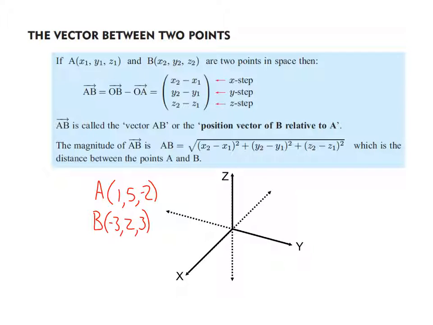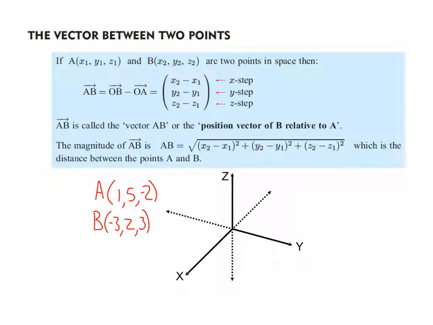Alright, so the other thing that we did in 2 dimensions that we'll do here in 3 dimensions is we found the vector between 2 points. Now, you don't have to sketch it, and really sketching it is not even going to be all that helpful here. We can find the vector between 2 points the same way that we did before.